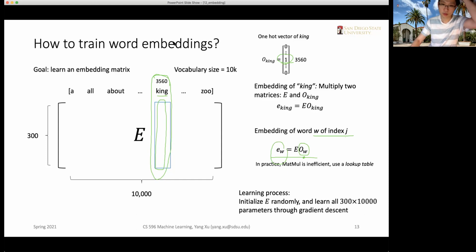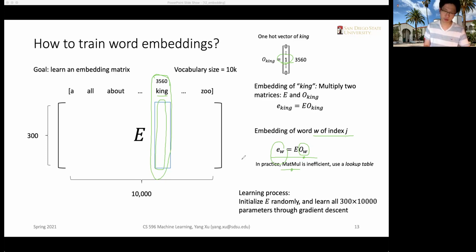Okay, so in practice, when we implement this in PyTorch or TensorFlow, for example, we will not actually use the matrix multiplication, because this matrix multiplication is very inefficient if we want to extract the word embedding vector for each word like this.